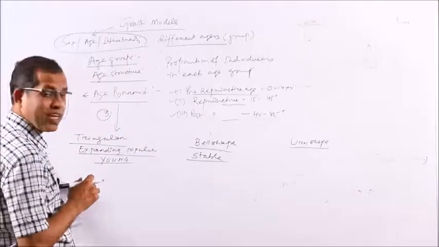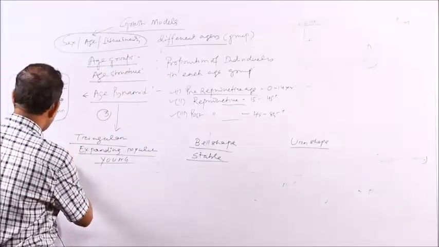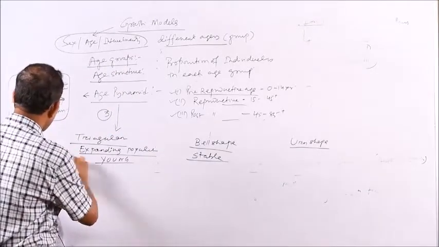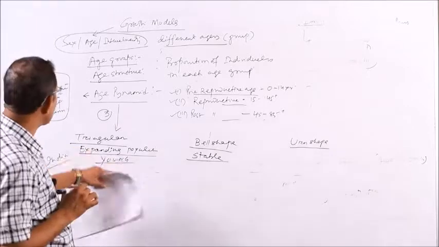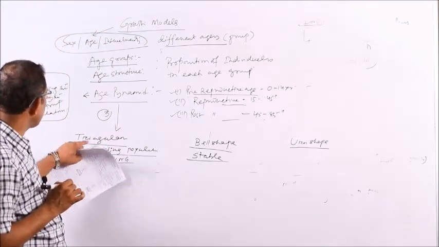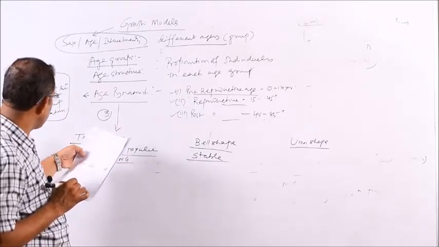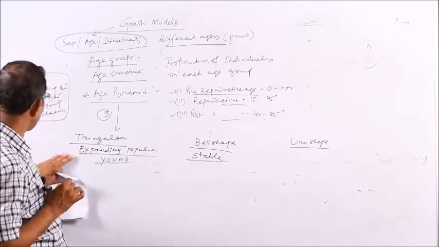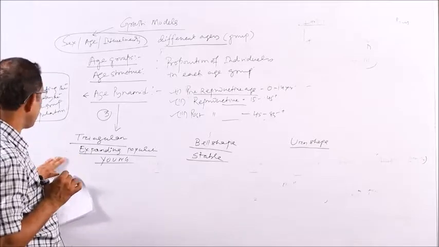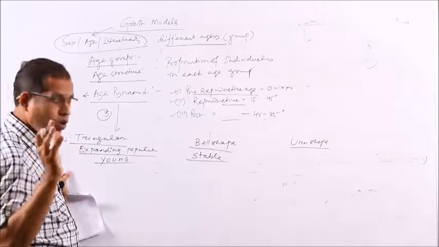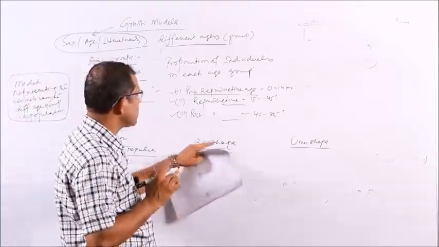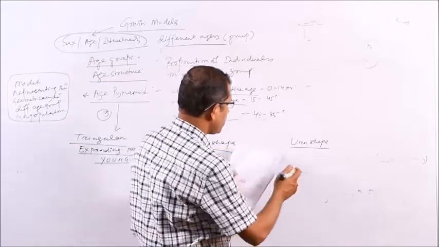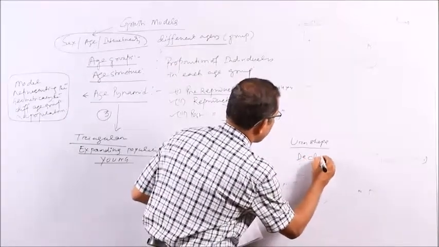As far as India is concerned, I will give the example at the end when we come to the growth curve, which will be easier. Coming to the urn shape, it is also called declining.